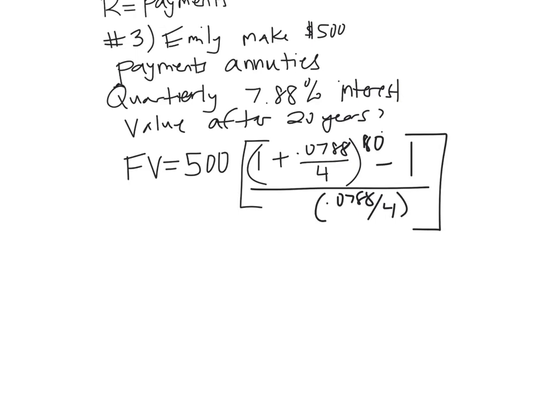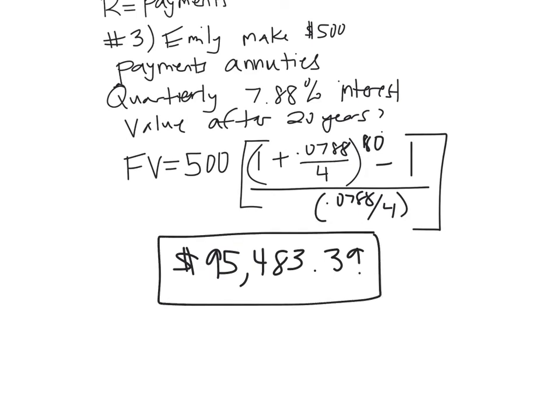Now I'm going to divide by parentheses 0.0788 over 4. Close the parentheses. Hit enter. And finally, I'm going to multiply that whole thing by $500. So at the end of 20 years, she will have a total of $95,483.39.